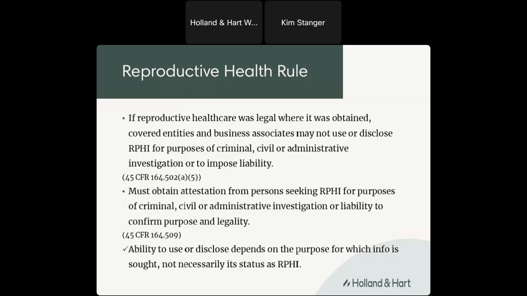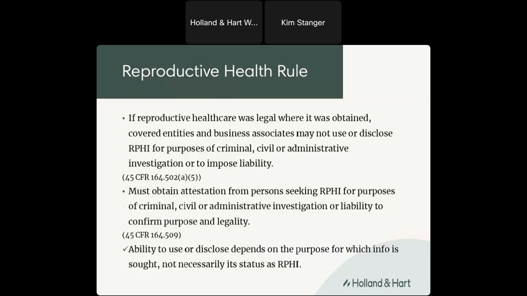Well, the rule says that if the reproductive health care was legal where it was obtained, then covered entities and business associates may not use or disclose that reproductive health care information for purposes of a criminal, civil, or administrative investigation, or to impose liability on that person. Now, note that it only protects information if it pertains to healthcare that was legal where it was obtained.